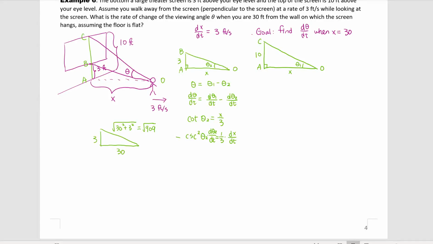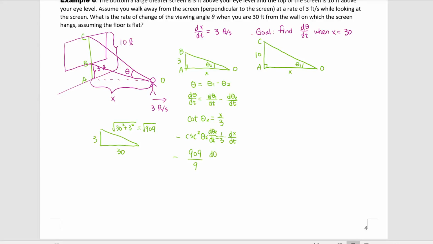Okay, so cosecant is what? Cosecant is 1 over sine. Sine is the opposite over hypotenuse. So cosecant is the hypotenuse over opposite. So hypotenuse squared, which is 909, over opposite squared, 3 squared is 9.